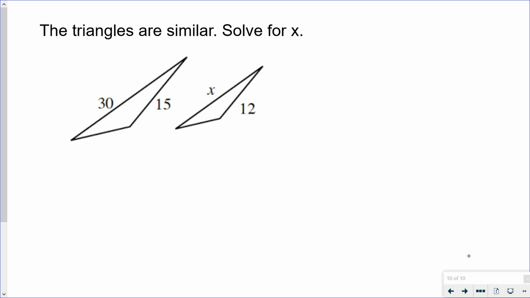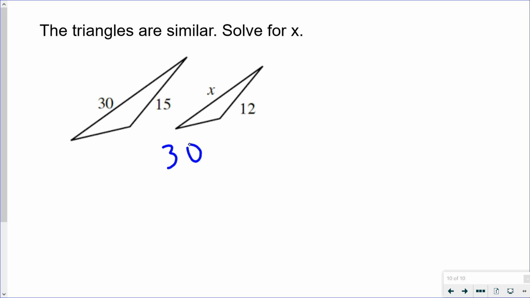Now the last two triangles are also similar to each other. We want to solve for x. So think of this one as being like a translation. If I take the triangle on the left and slide it to the right, you'll notice that 30 and x are going to correspond to each other.